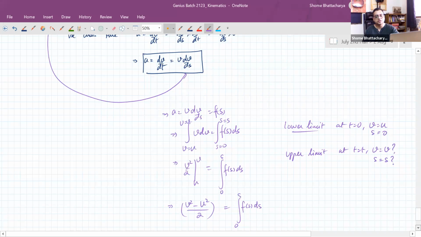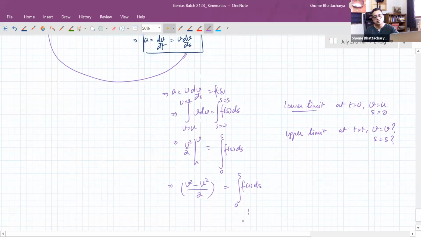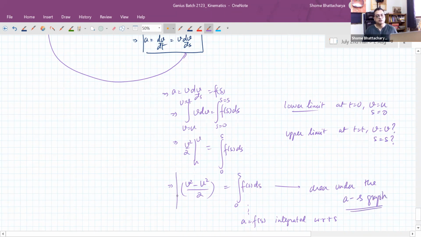So this is basically acceleration as a function of s integrated with respect to displacement, or in other words, it is the area under the acceleration versus displacement graph, not acceleration versus time, but acceleration versus displacement graph.